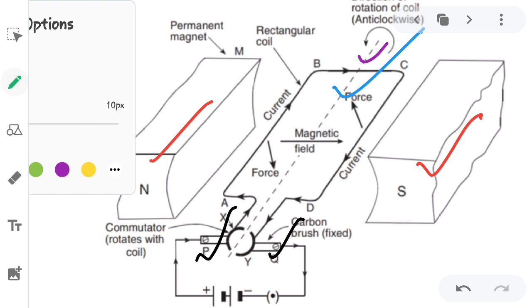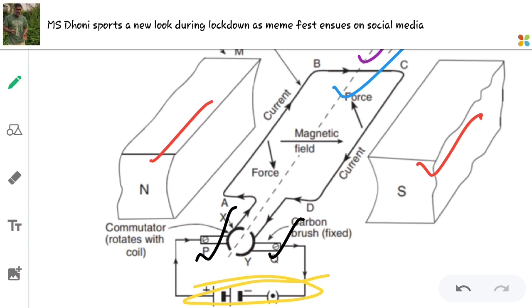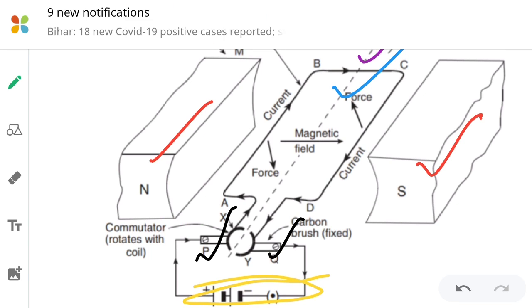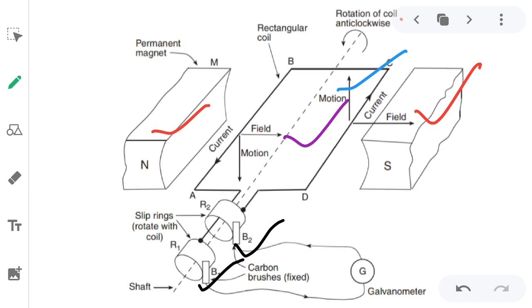The difference is the motor has a power supply, so it changes electrical energy into mechanical energy. Okay, the function of motor is it changes electrical energy into mechanical energy, whereas a generator changes mechanical energy into electrical energy.